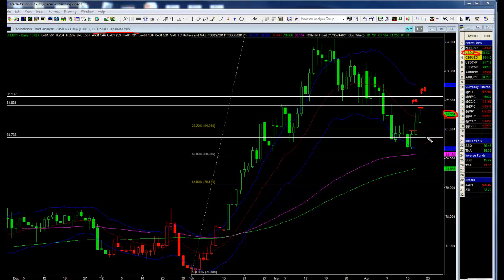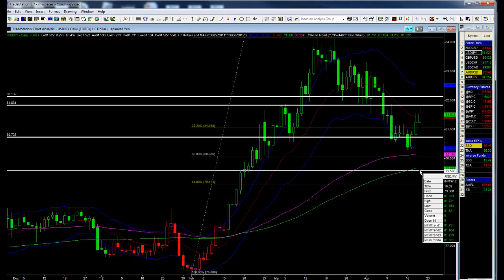The stops are moved from yesterday. We moved the initial stop on the remaining portion of our position to below this low, but now we're bringing it up to below this low, so now it's below 81.16 to 81.15.